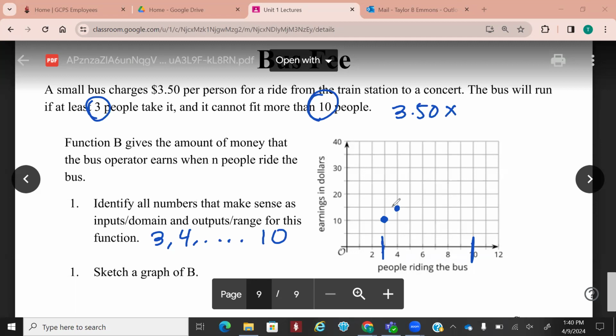If I have 5 people, that's 17.50. 6 people, 21. 7 people, I'm doing it in my head instead of typing into a calculator, but it's fine. So it'll give me 24.50.